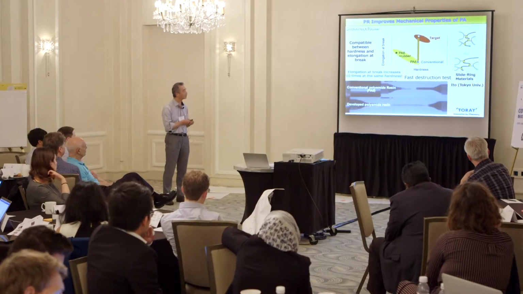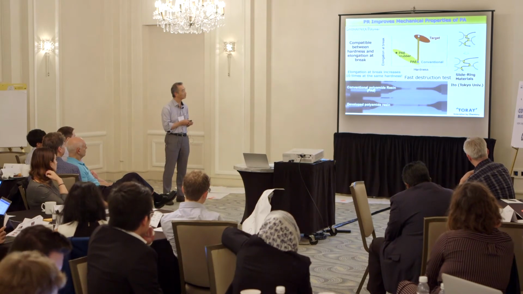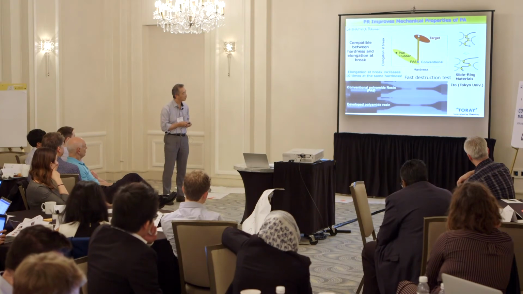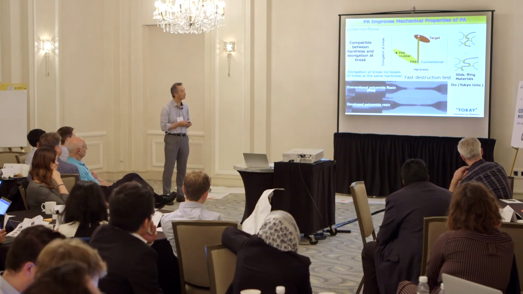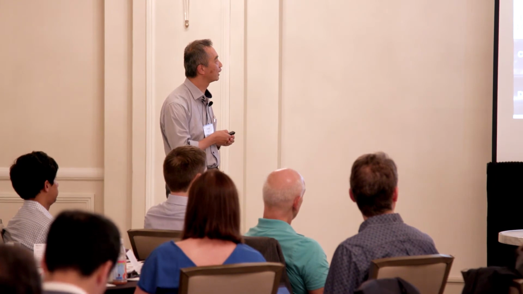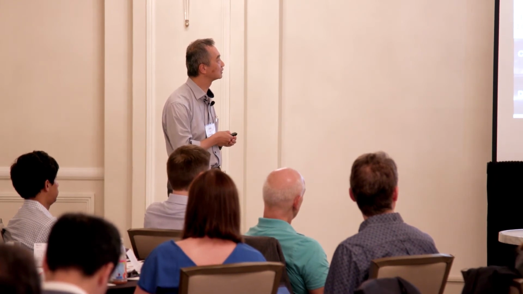Then the elongation at break is increased, but it becomes softer. But Toray adopted the sliding materials, so they increased the elongation at break about 10 times at the same hardness. So this shows the bending durability test results.